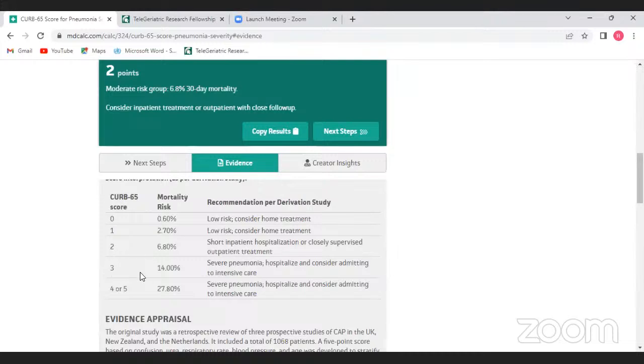A score of 3 gives a mortality risk of 14%, severe pneumonia, hospitalize and consider admitting to intensive care. This is the same for a score of 4 or 5, which gives a mortality risk of 27.8%. So scores of 3, 4, or 5 put the patient in the category of severe pneumonia, and we need to hospitalize and consider admitting to intensive care.